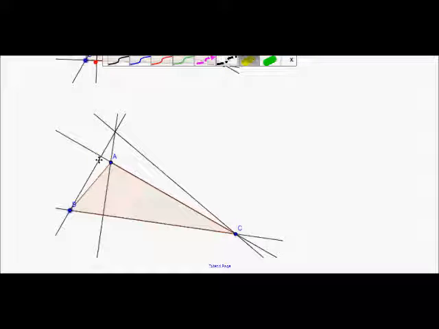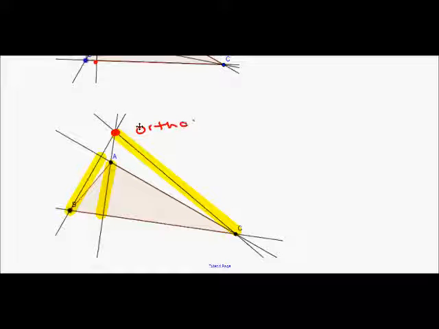In this example, we have triangle ABC again, and my 3 altitudes. So this is 1 altitude, a 2nd altitude, and the 3rd one. You can see that they meet right here. This is the orthocenter.